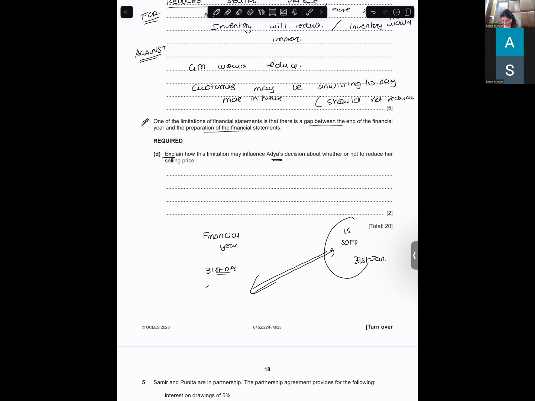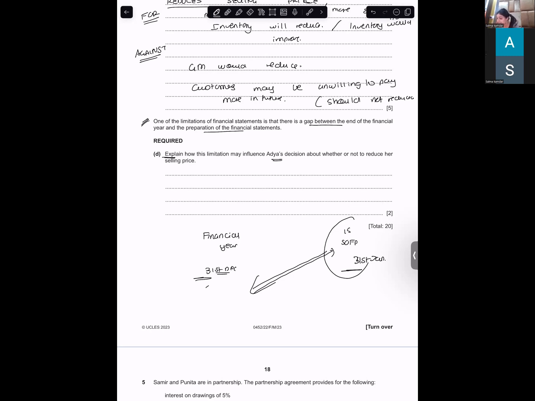If there is too much inventory, she would have to sell it cheaper. The issue is that there is a gap between the preparation of the financial statements and the year end. She comes to know about her inventory, but the year has already ended.